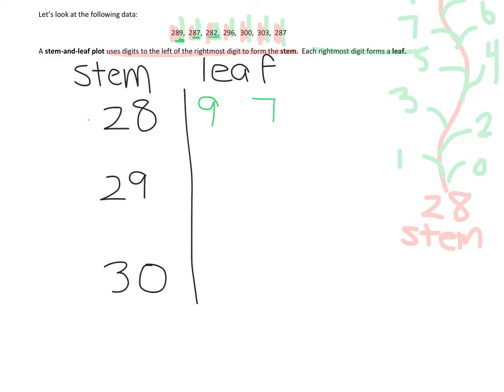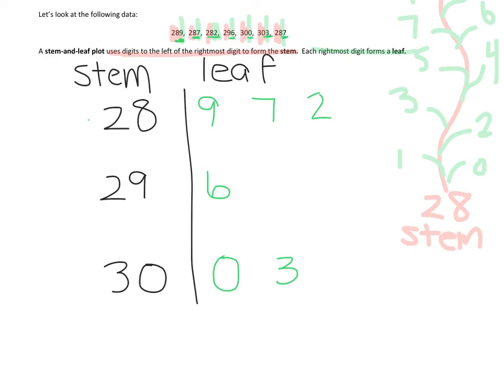Stem 28, leaf is 2. Stem 29 with a leaf of 6. Stem 30 with a leaf 0. 303. And then finally another 287.